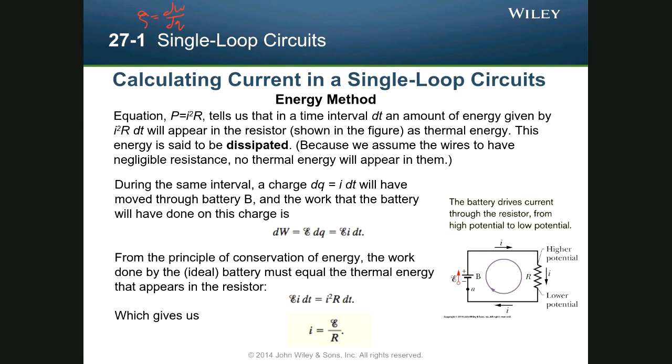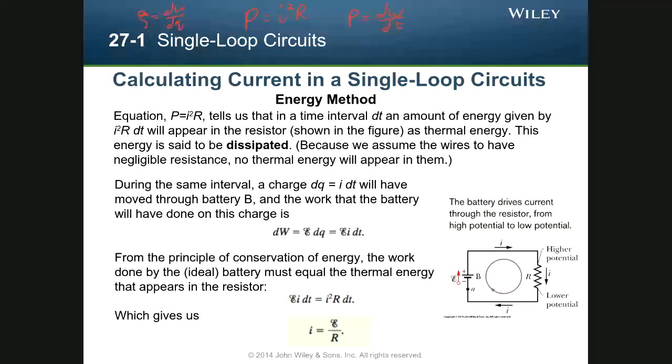Okay, so considering energy, we can define the power dissipated in a circuit. If you recall from our last chapter, it's I squared R. And if you recall, power is equal to dW/dt, right?